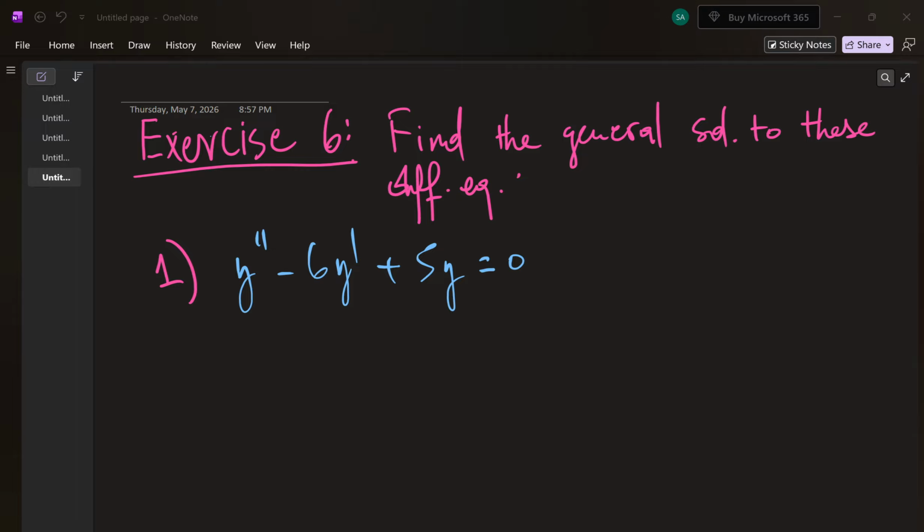Sorry, I have to change the color. So this is simply the equation, y double prime minus 6y prime plus 5y is equal to 0. So how to solve this equation?